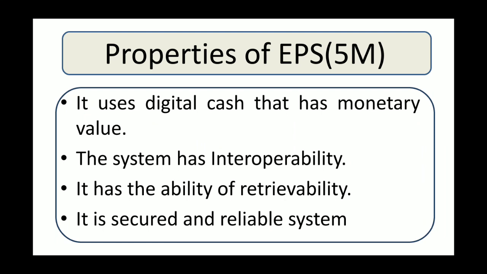The system has interoperability, that is related to whatever service you are getting, you are paying for that. It has the ability of retrievability. It is a secured and reliable system. Okay, these are the main properties of electronic payment system.